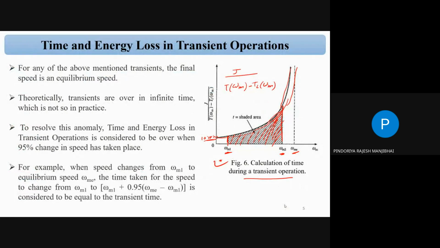So we can say there is J upon total torque into omega m minus TL into omega m. That is on the y-axis.